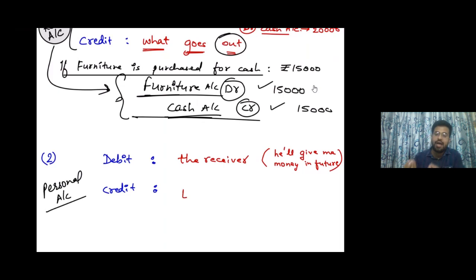Giver means what? If I have taken something on credit, in future I will have to pay him back. That would result in a future cash outflow. Therefore, in this case, he will be credited. So debit the receiver, credit the giver. If you have taken some goods on credit, somebody has given you the goods, so you are the receiver in that case, and he has given you the goods.